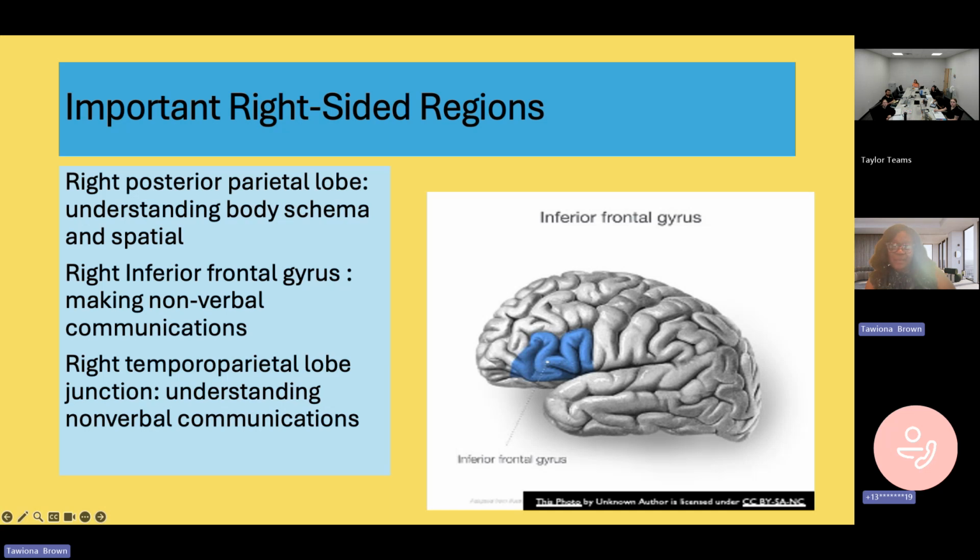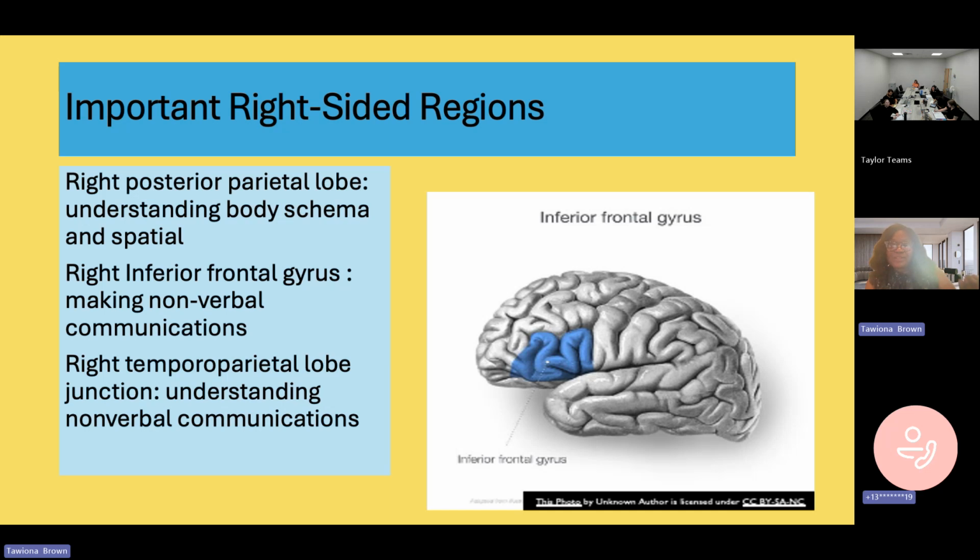So that right posterior parietal lobe is going to be an issue in regards to spatial issues. This right here is showing the inferior frontal gyrus, where that's opposite of Broca's area. So on the dominant side of the brain, this is Broca's. On the non-dominant side, we just call it the right inferior frontal gyrus.